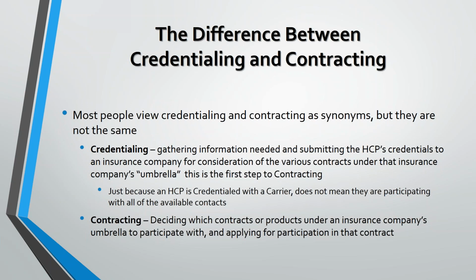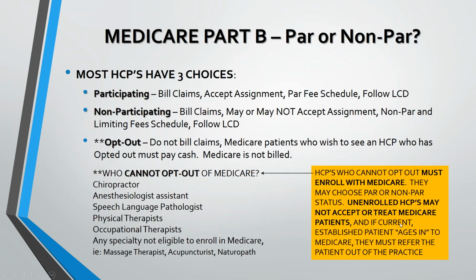So just because you have many different products under one carrier's umbrella, it doesn't mean that you're going to have to do 7 or 8 different applications. It's really going to depend on the insurance company themselves and what their rules are for contracting.